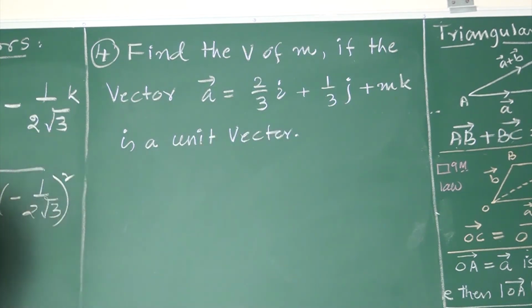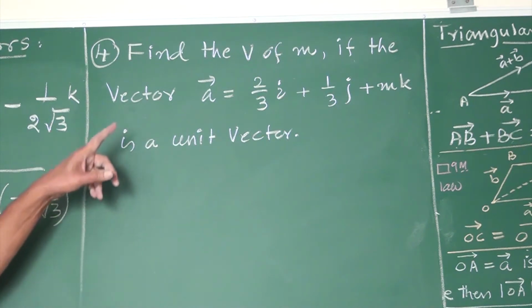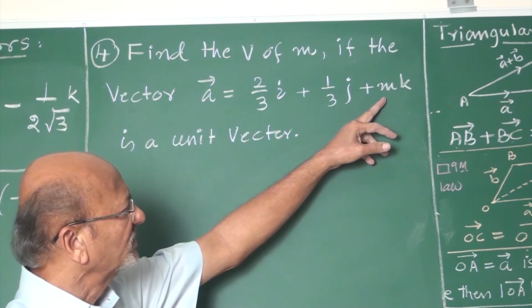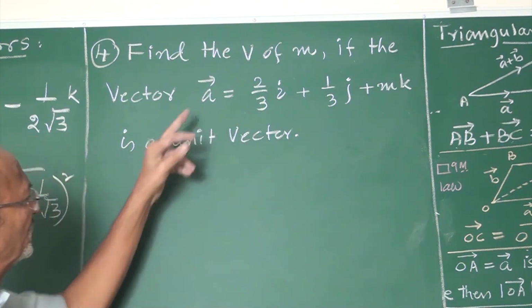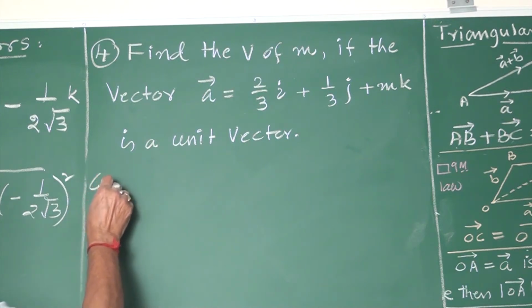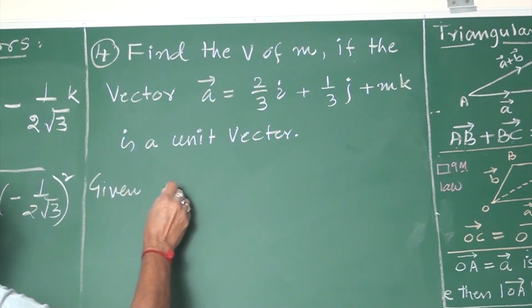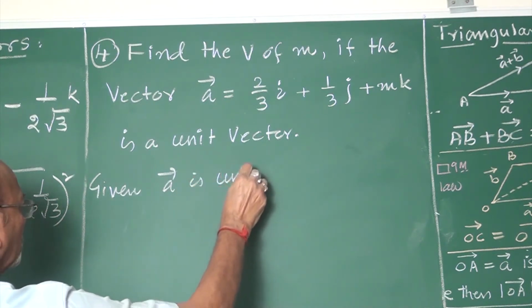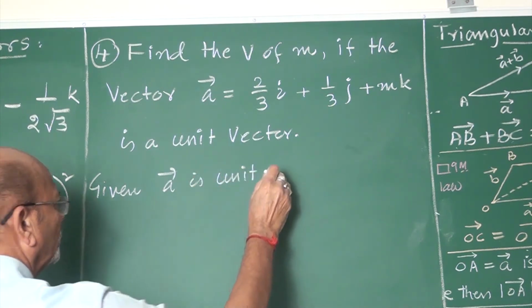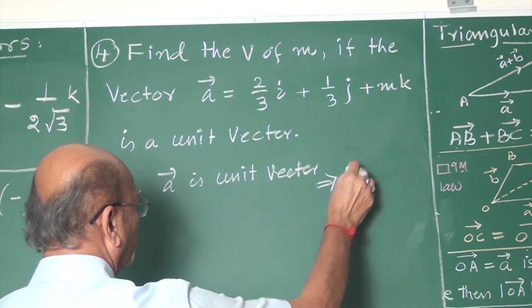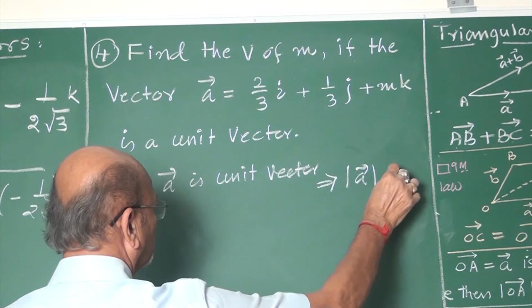Yes, my friends. What do you want? Find the value of m, unknown. What is given? A is a unit vector. Unit vector means, my friend, its magnitude is 1.